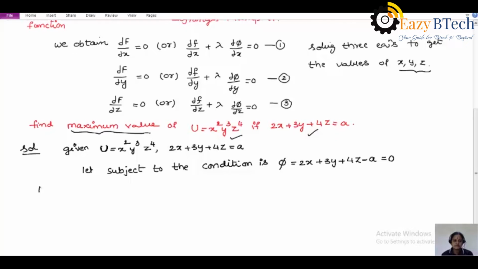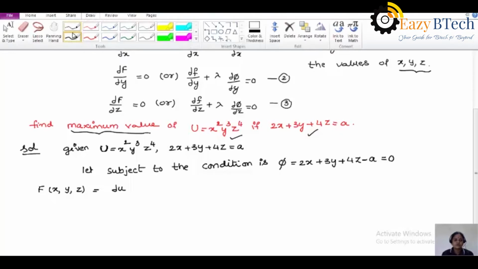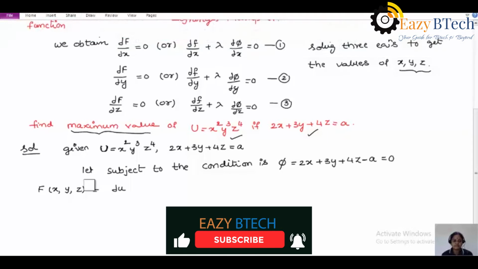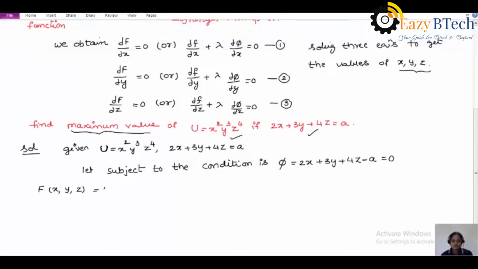Then writing Lagrange's function, that is capital F of x comma y comma z is equal to the function that was given in terms of u. So writing Lagrange's function in terms of u only: u of x comma y comma z plus lambda into phi of x comma y comma z.